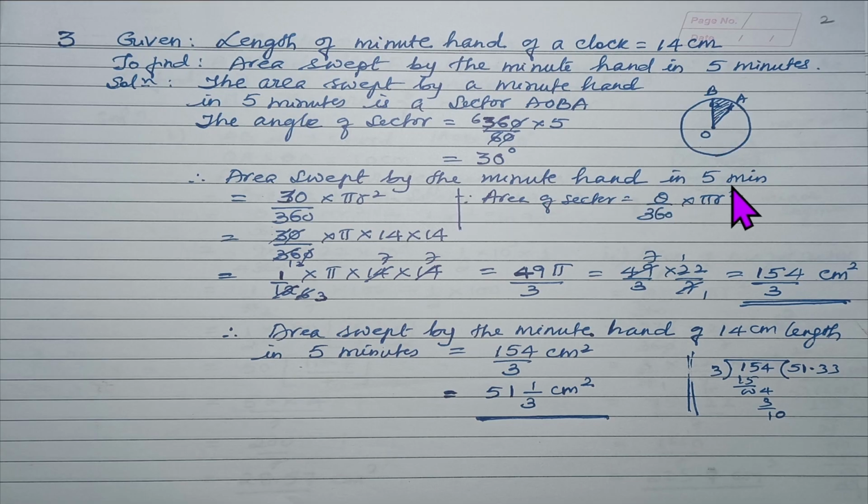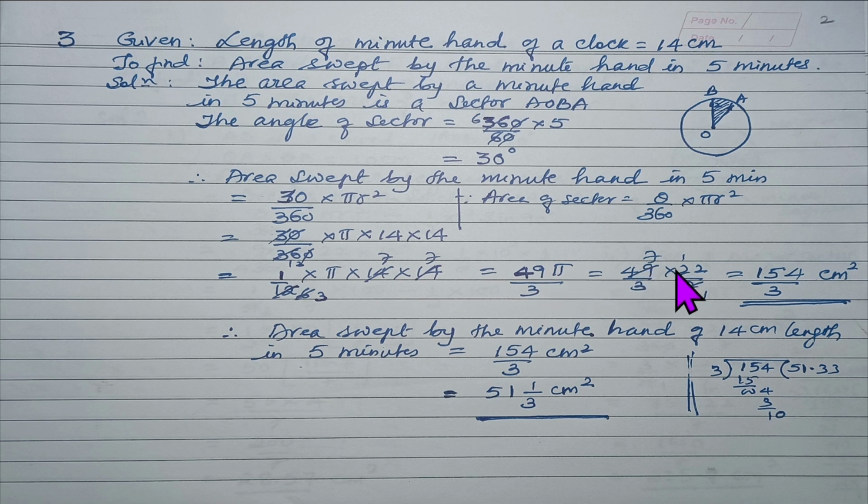Now the area swept by the minute hand in 5 minutes will be equal to, again using the formula, theta by 360 into pi r square. So 30 by 360 into pi, r is 14, into 14 into 14. Simplifying, we get 1 by 12 into pi into 7 into 7, so 49 pi by 3, and pi is 22 upon 7.